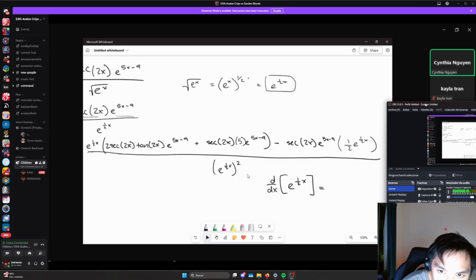So your outside function is essentially the e part, and your inside function is the 1/2 x part. The derivative of e to the x is just e to the x, so you're keeping the inside the same, e to the 1/2 x. And then you're taking the derivative of the inside function, 1/2 x, which is going to be 1/2. Oh, okay, I understand. Thank you.